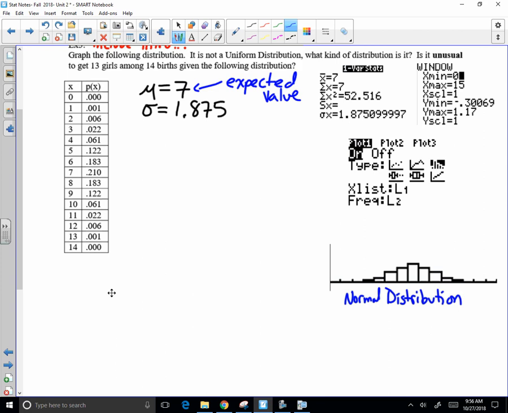Right? But what I want to do, again, as a follow-up, is to determine if 13 girls among 14 births is unusual. Right? So I need to figure out mu plus or minus 2 sigma. So 7 plus or minus 2 times 1.875 approximately.